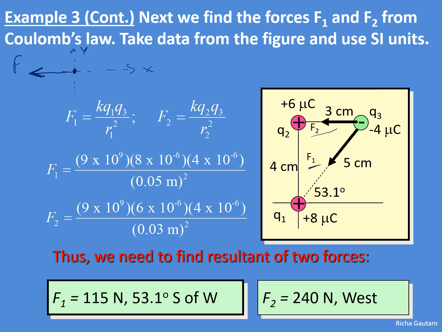So here is your F2. This F2 has no y component and it is going in the direction of the west, whereas the F1 vector is somewhere here. This has magnitude 115 newtons.